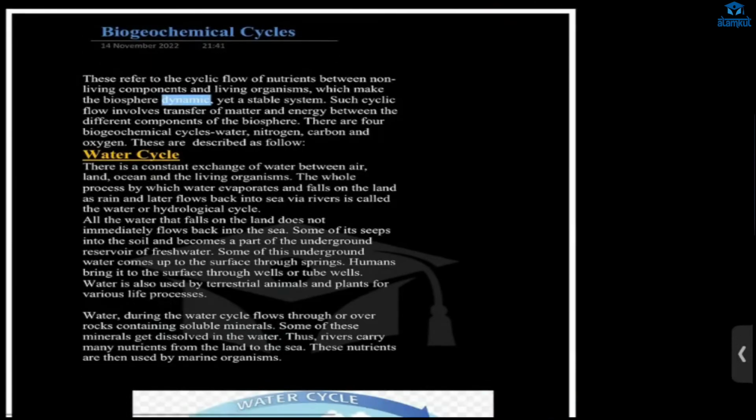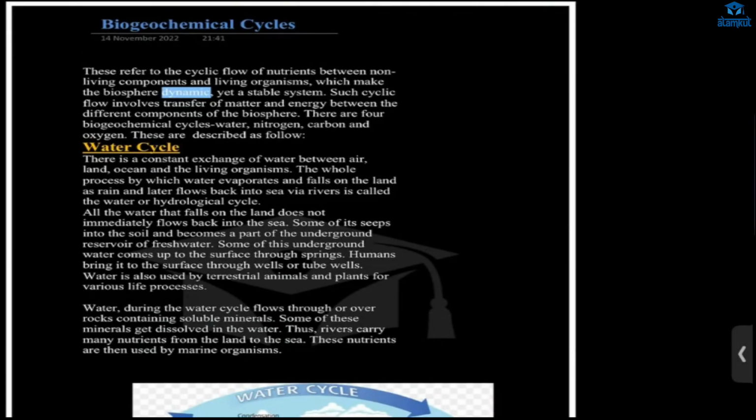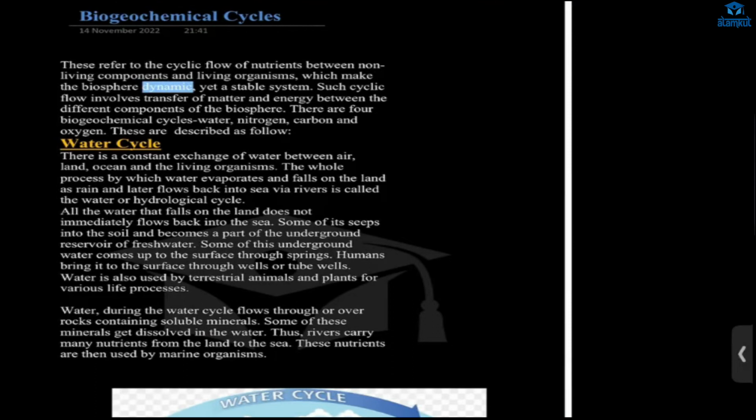Next, we have the biogeochemical cycle. What is this? This is the cyclic flow of nutrition between non-living components and living components. This will make the biosphere dynamic and yet a stable system. Changing, yet a stable system.